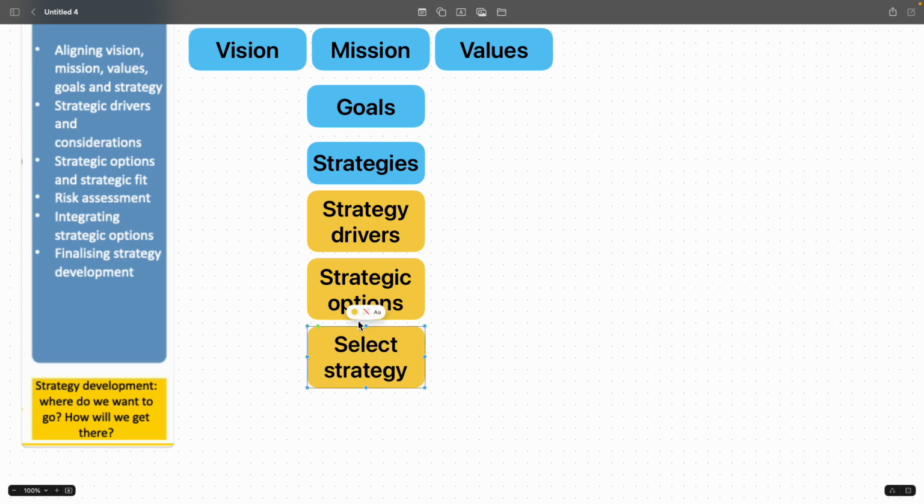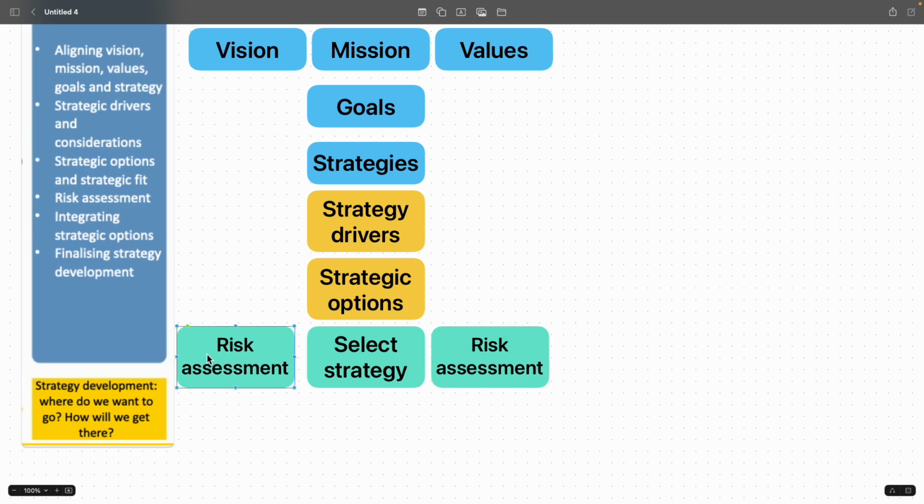So this is the next stage where you are actually selecting strategy. Does that make sense? Once you select strategy, what's the next thing? You want to see whether the strategy works, so the keyword here is risk assessment. So there must be a risk assessment on one side, and there must be something called a strategic fit. Okay, then finalizing strategy development.